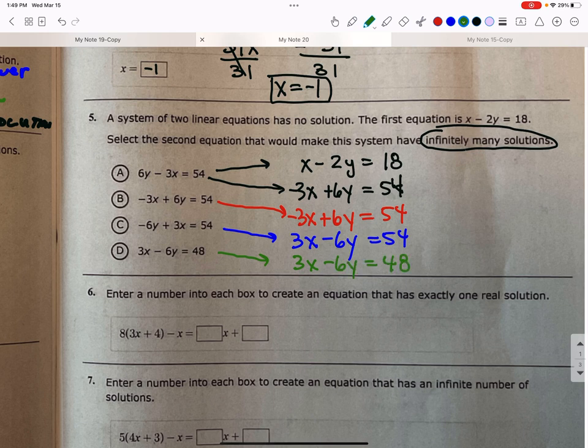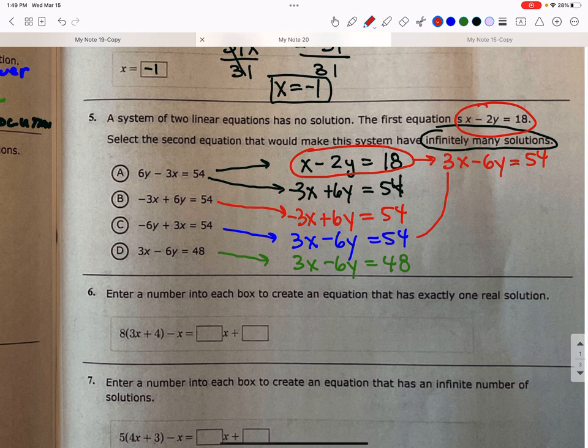Okay, we're trying to see if they're infinitely many solutions, which means they're really the same equation. Let's see. 18 times 3 is 54. So what if I happen to multiply our original equation, this guy up here, by 3? Then I'll get 3x minus 6y equals 54.